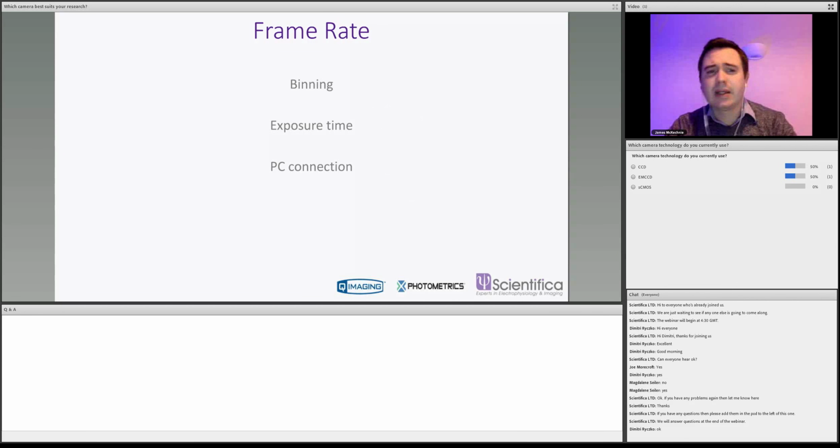And finally, PC connections. You often find that some cameras will have multiple options, USB 2 against USB 3, some have PCI Express cards if you want to go even faster. So there are different ways you can get that up.